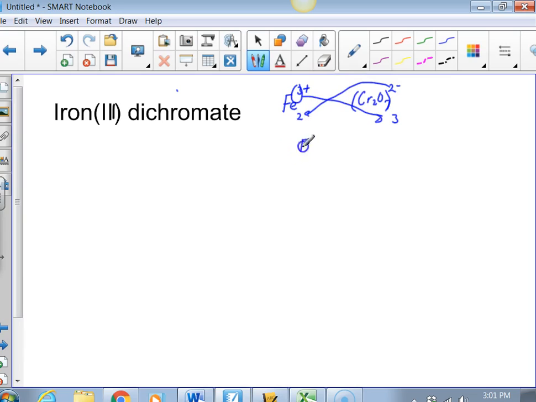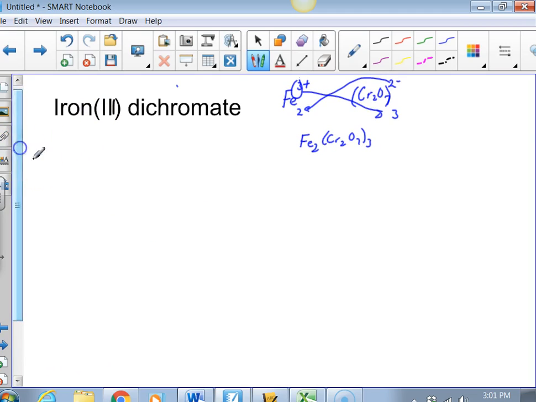That gives Fe2(Cr2O7)3. So as we're sorting this out, we have 2 moles of Fe. We have 3 times 2 would be 6 moles of chromium. And then we have 3 times 7 would be 21 moles of oxygen. We do our conversion.